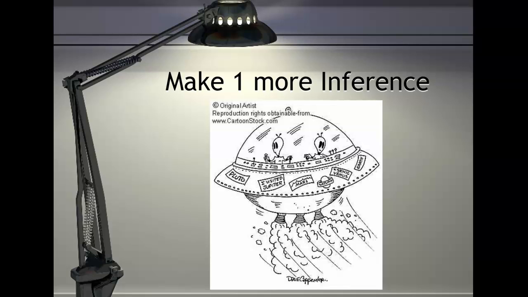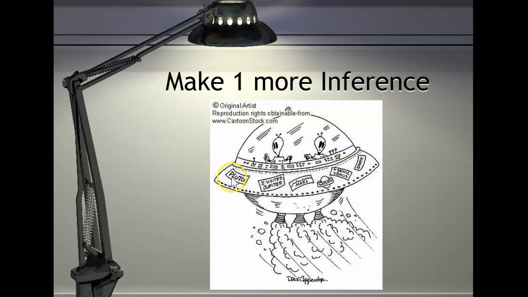What can you infer about this picture? There's a lot going on in this picture. First, we've got aliens. And it looks like they're going on a trip and they're trying to visit all the planets.